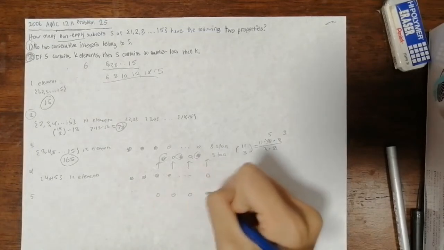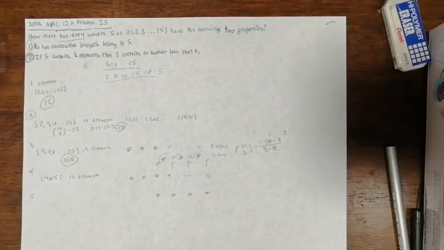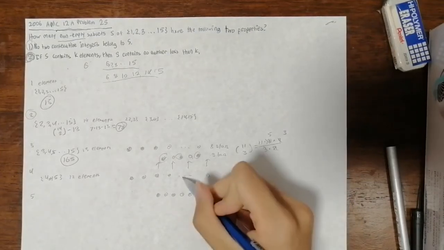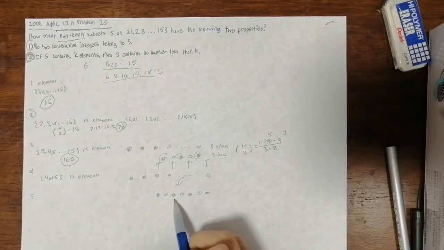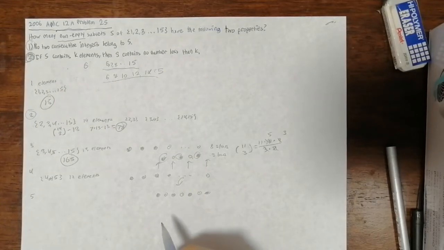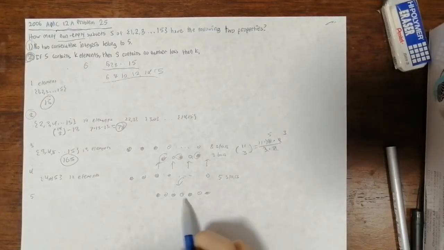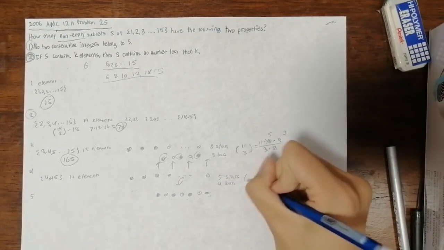To guarantee that they're not consecutive, we put 3 more balls between them. This takes up 7, so we have 5 balls left. So that's going to be 5 stars and 4 bars, and this is 9 choose 4.